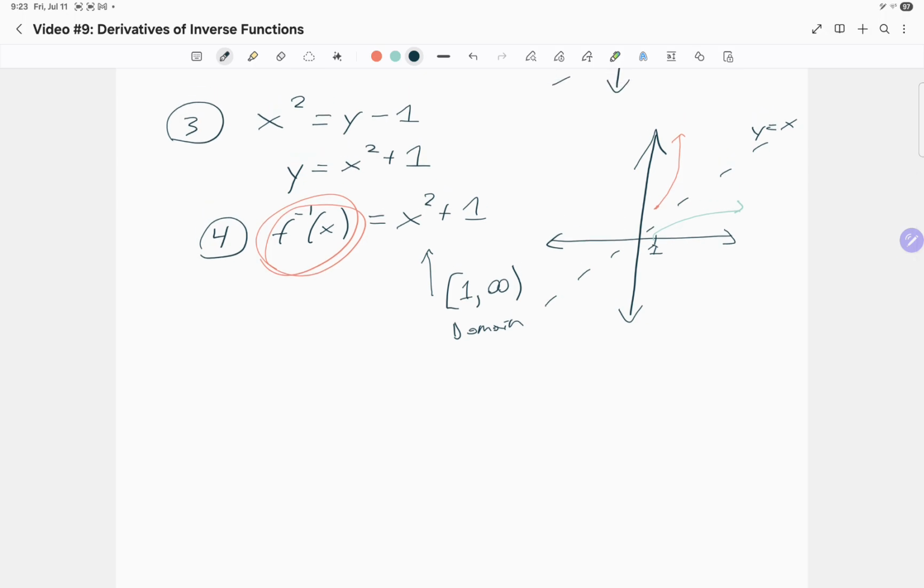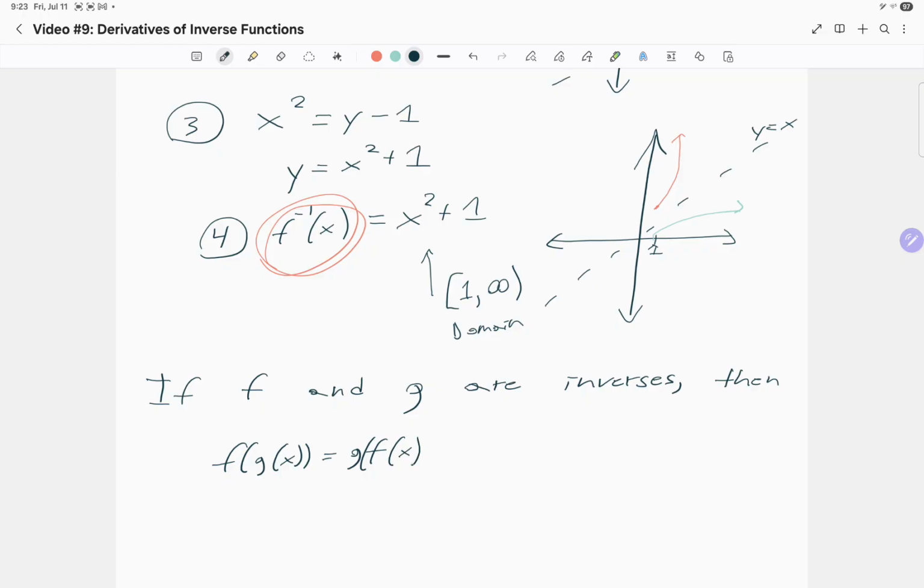I won't go into the technicalities behind why this works, but if f and g, two functions, are inverses of one another, then f of g of x equals g of f of x equals x. This is very important for today, so I'm going to box this in green.